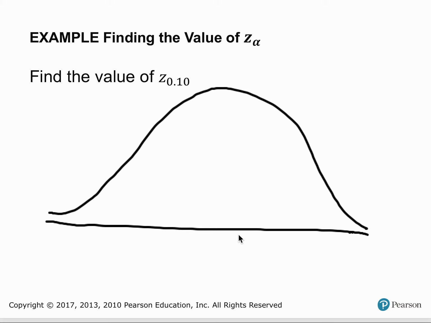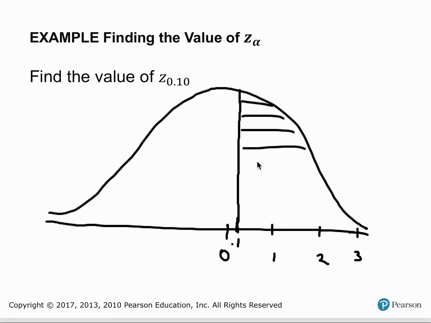So 0, 1, 2, 3, and 0.1 is like right here. It just helps me get an idea if I draw what I'm looking for. So if I'm looking for everything to the right, I'm going to look on my table for that value of 0.1 again.